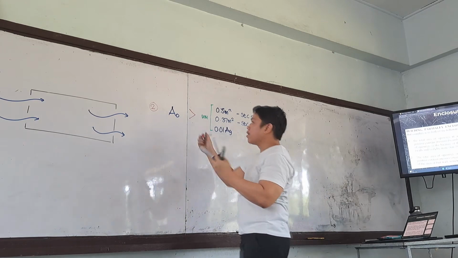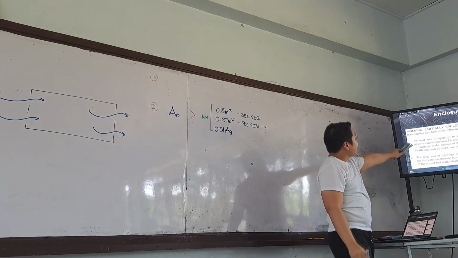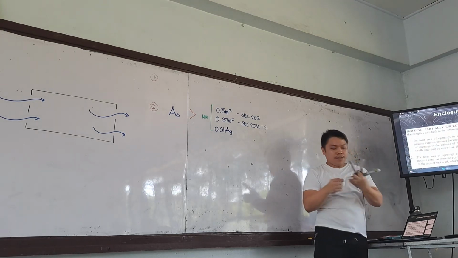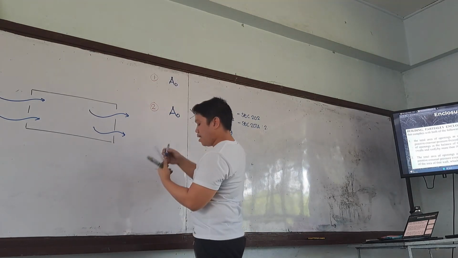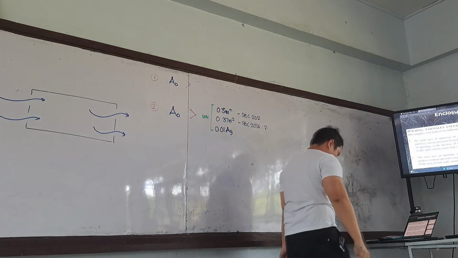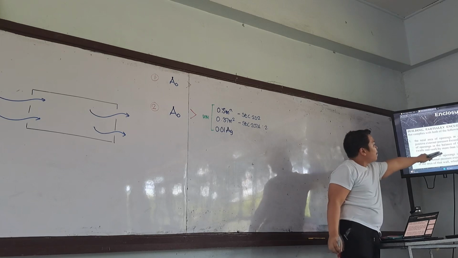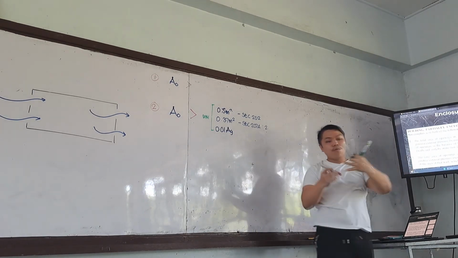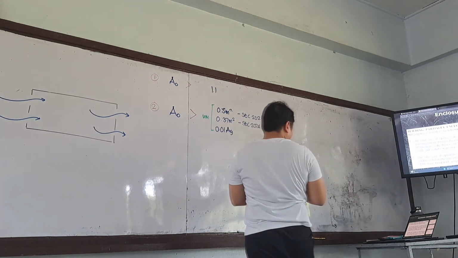What is our first condition? Let's interpret it. AO is the total area of openings in a wall that receives positive external pressure. AO exceeds, greater than 1.1, by more than 10% of the remaining openings in our building, excluding our windward wall.